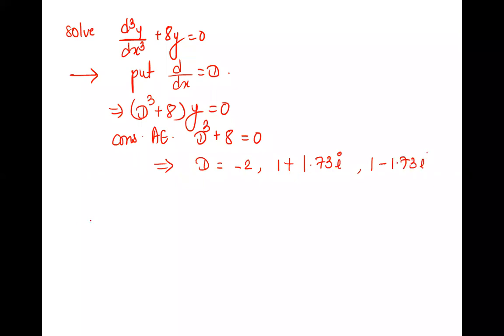Correct? But this always comes in pair, we know. So we must write it like 1 plus minus 1.73i. Whenever it comes, it is in a conjugate pair. Correct? These are the 3 roots.